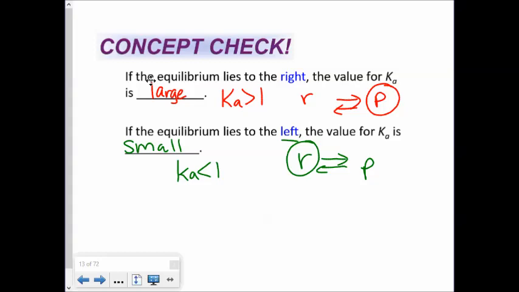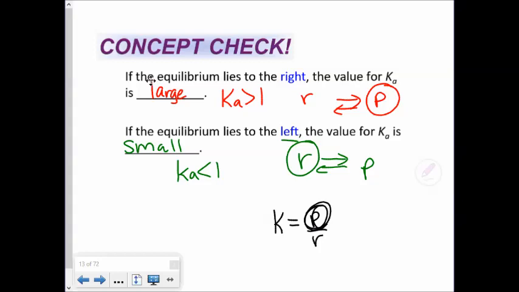Here we're just generalizing the conceptual basis of the equilibrium constant and the equilibrium position together. Remember, the generalized idea of the equation is products over reactants. So if you have more products, more of the top number, your K should be greater than 1.